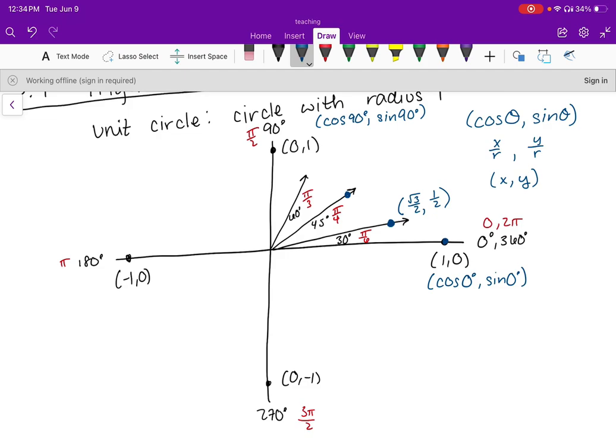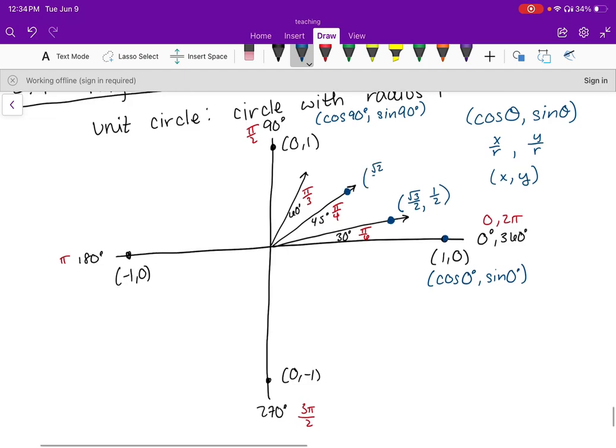At 45 degrees, cosine of 45 degrees is square root 2 over 2. Sine of 45 degrees is square root 2 over 2. At 60 degrees, cosine of 60 degrees is a half. Sine is square root 3 over 2.